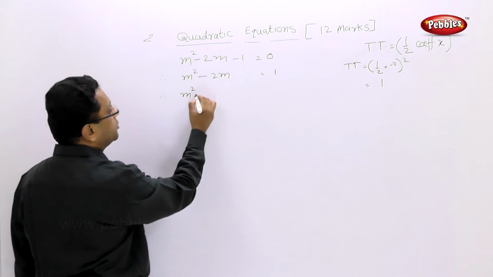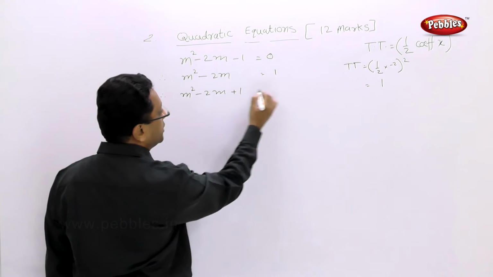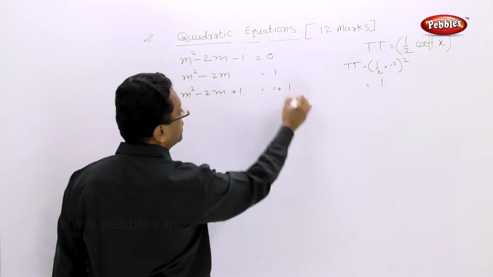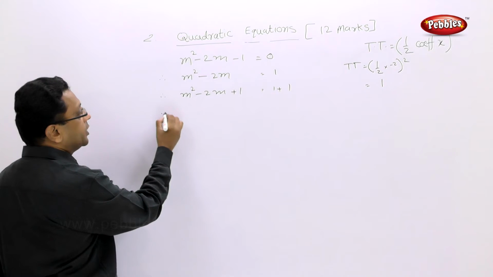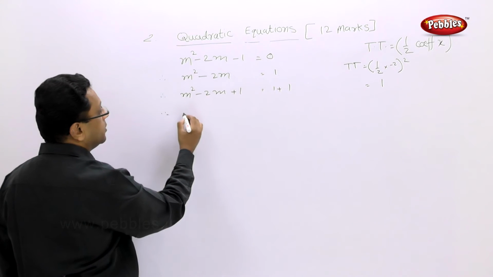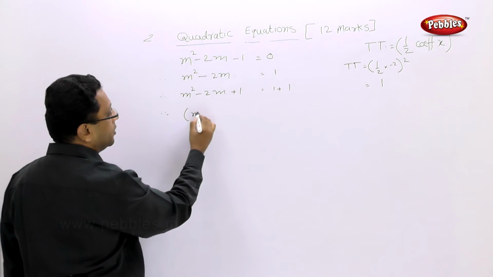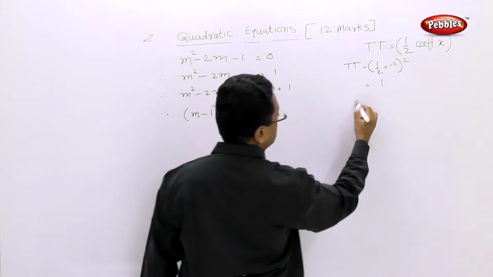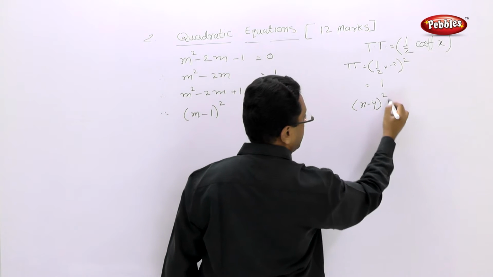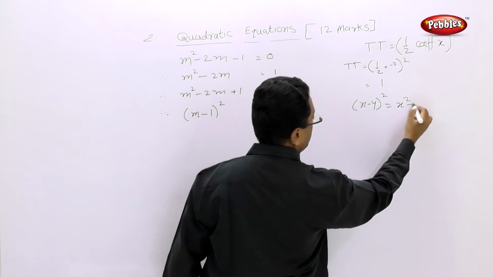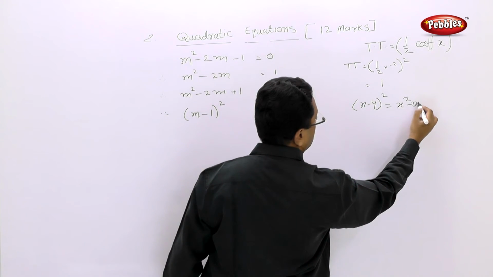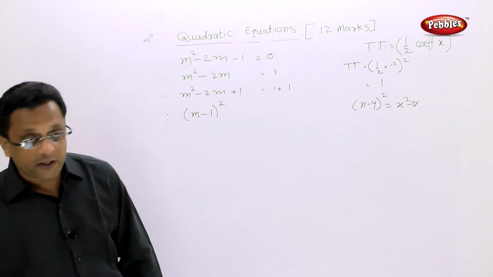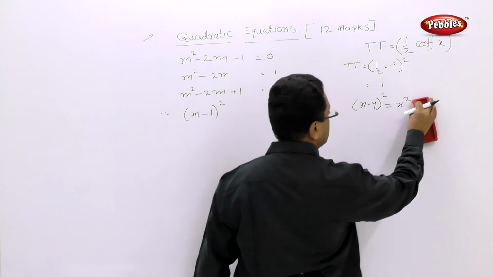So m square minus 2m plus 1 is equal to 1 plus 1. So here I'll get the complete square of (m minus 1) square, because (x minus y) whole square is equal to x square minus 2xy plus y square.